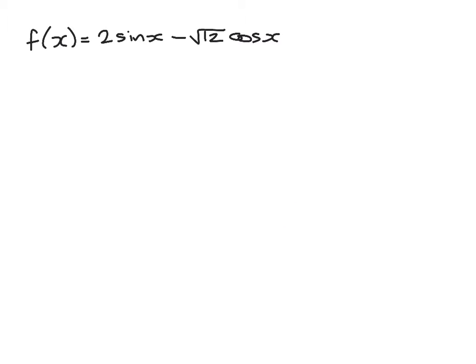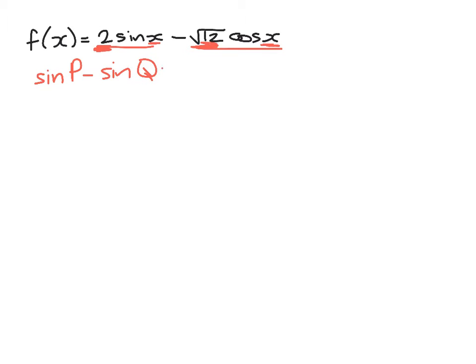Okay, so in this first question we've got a function which is 2 sine x minus root 12 cos of x. So I've got x here as my angle, so the x's are the same. Unfortunately this is a 2 and this is a root 12. So don't get confused into thinking that we can use these rules directly, because we can't.